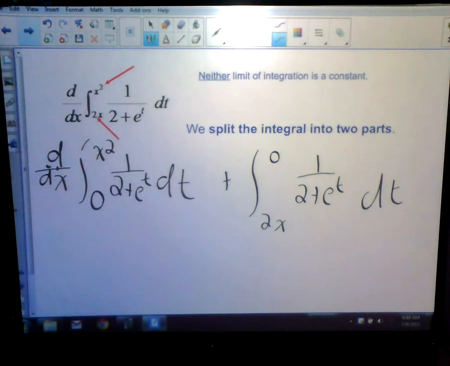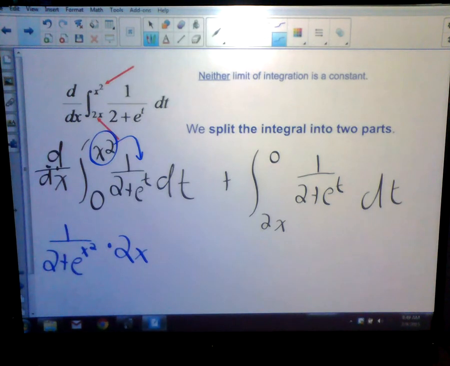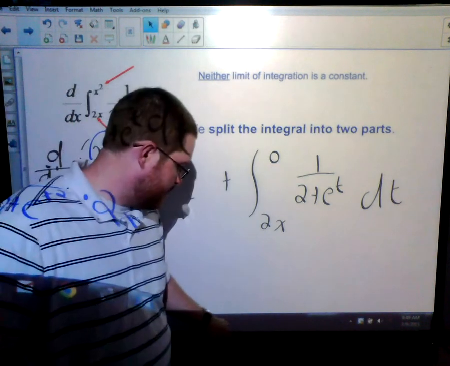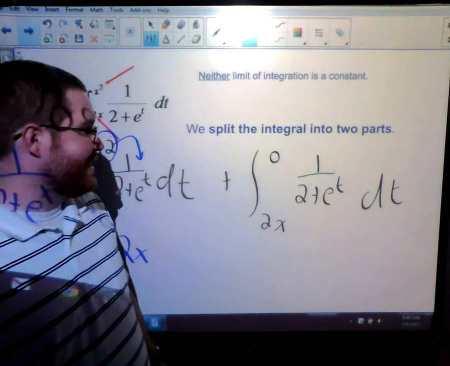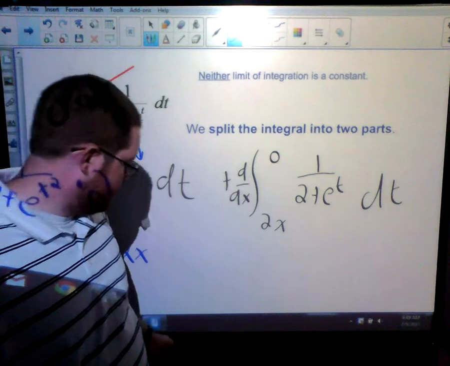Well, this one's pretty simple. Derivative of an integral, letter on top, number on bottom, plug it in. So that's 1 over 2 plus e to the x squared times 2x because of the derivative of the top thing. Over here, I need a d dx in front. Sorry, I forgot the d dx.